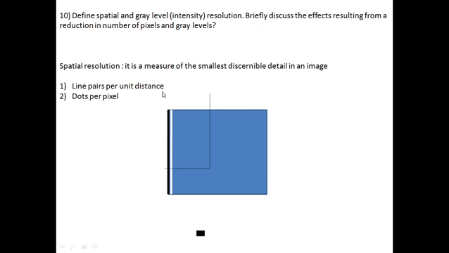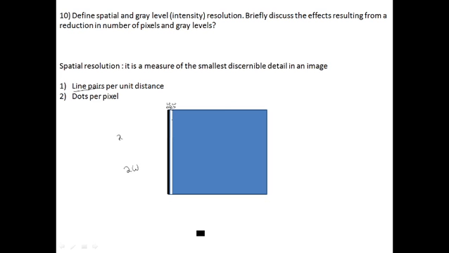Consider the width of this black line is W and the width of this white line is also W. So the total width covered by one line pair is 2W. We use some unit to measure the spatial resolution.